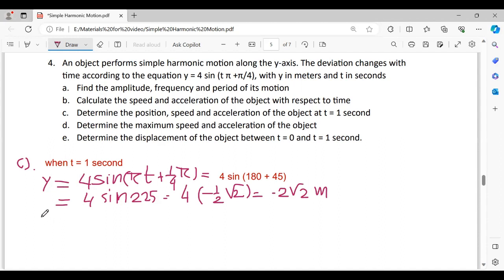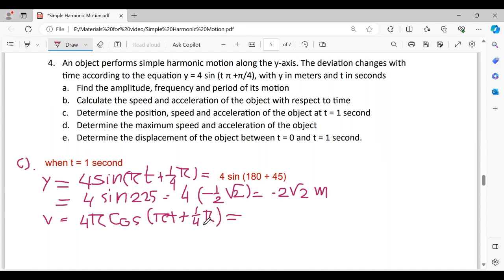To determine velocity, or speed, we take the derivative of y, which becomes 4 pi cosine of pi t plus a quarter pi.